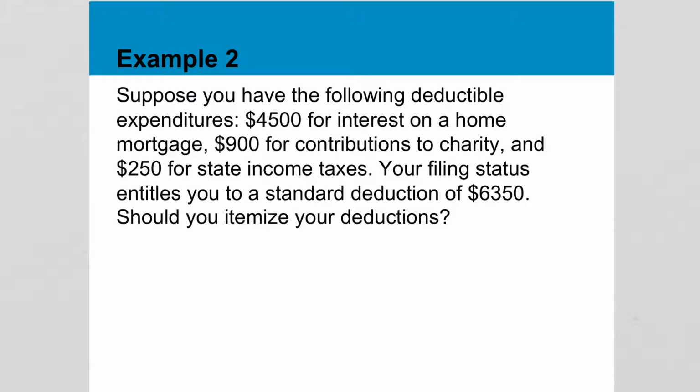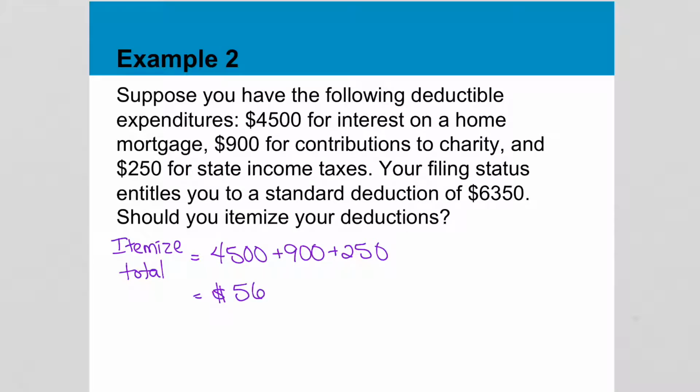If you itemize, then you would take $4,500 plus $900 plus $250, and you would have $5,650 to deduct at the end of the year. But your standard deduction is more than that. So you would take the standard deduction.